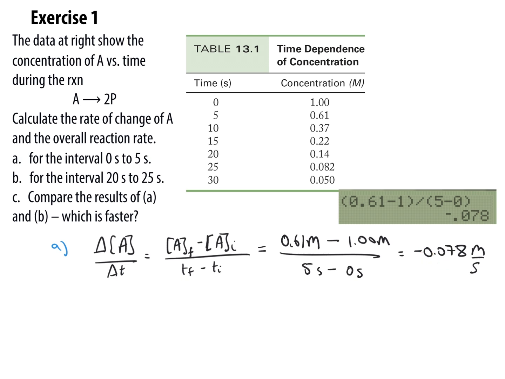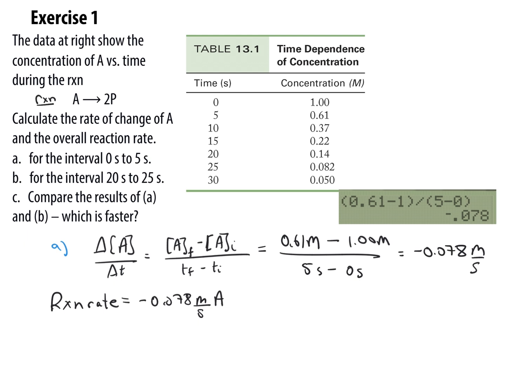Now for the overall reaction rate, one way I like to think about getting from the rate of change of any particular substance to the overall reaction rate is to think about calling this whole thing a reaction. So the reaction here is A goes to 2P.